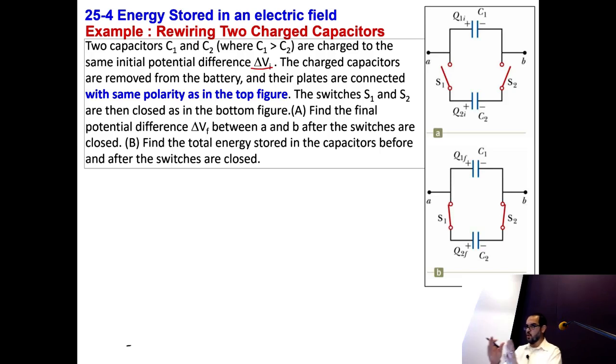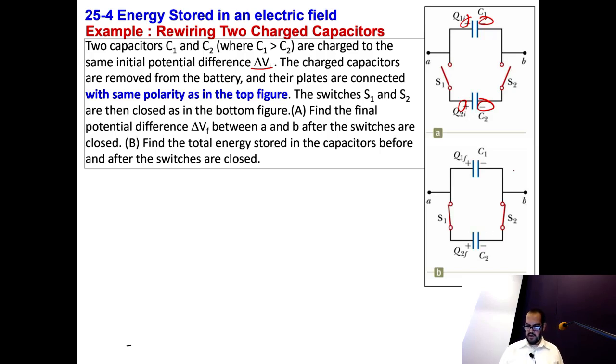You charge the two capacitors to the same potential difference. The charged capacitors are removed from the battery, and their plates are connected with the same polarity as in the top figure. Notice the positive plate is connected to the positive plate, and the negative plate is connected to the negative plate of the two capacitors.